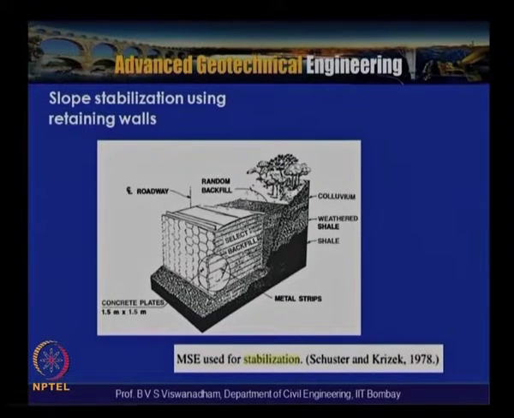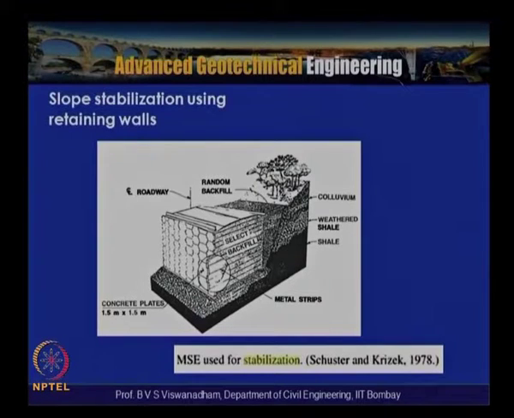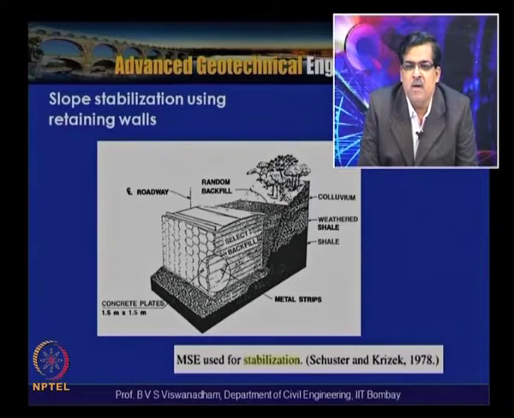So this is, as I said, another type of stabilizing the slope by using retaining walls, and these retaining walls previously started with steel reinforcements. Nowadays the steel reinforcement elements are substituted by polymer strip reinforcements, which are high strength in nature, and they are used for constructing these retaining walls.